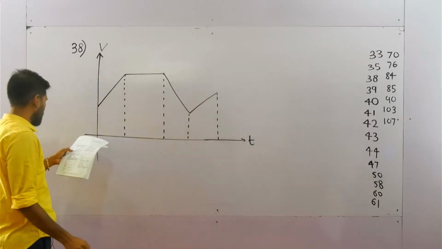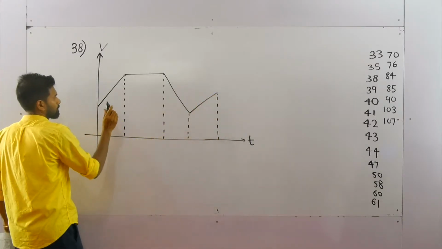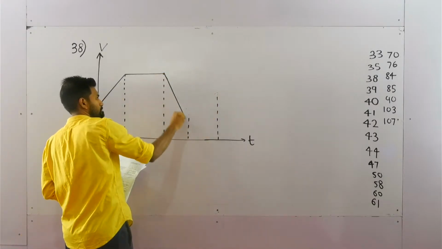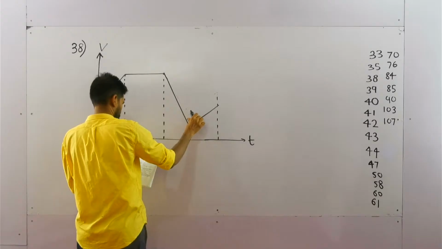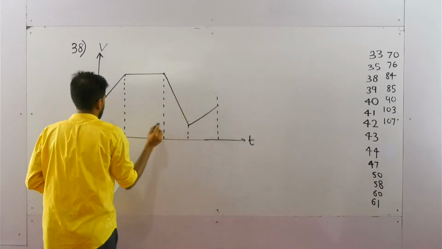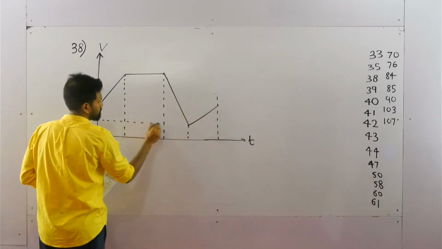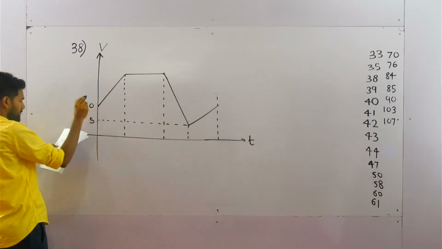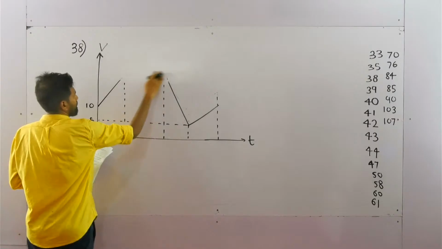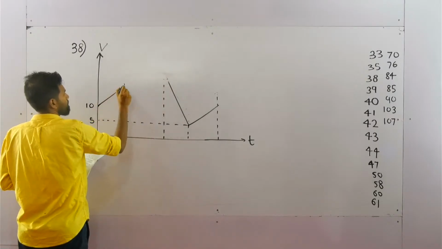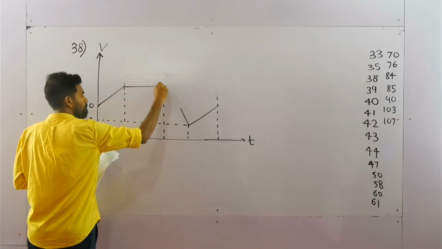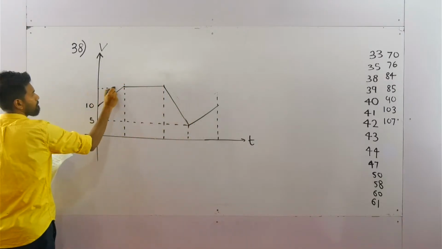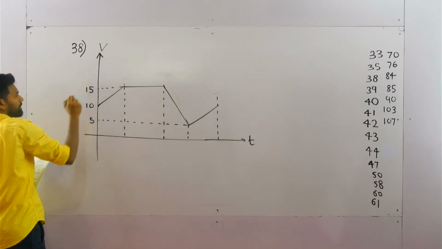In this velocity time graph, 5 meters per second, 10 meters per second, and here 15 meters per second.